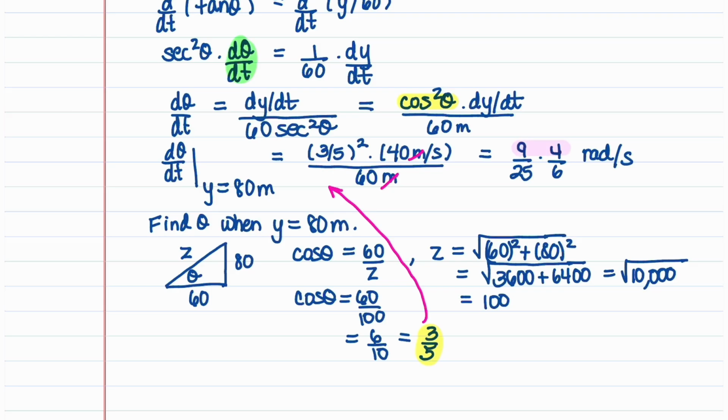We have 36 divided by 6, which is just 6. So we get an answer of 6 divided by 25 radians per second. This tells us that the angle of elevation from the observer to the rocket is increasing at a rate of 6 over 25 radians per second.